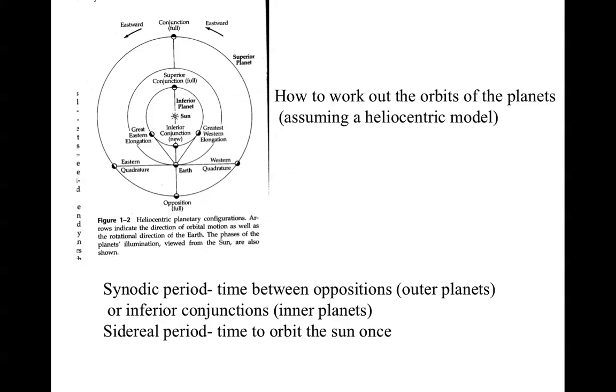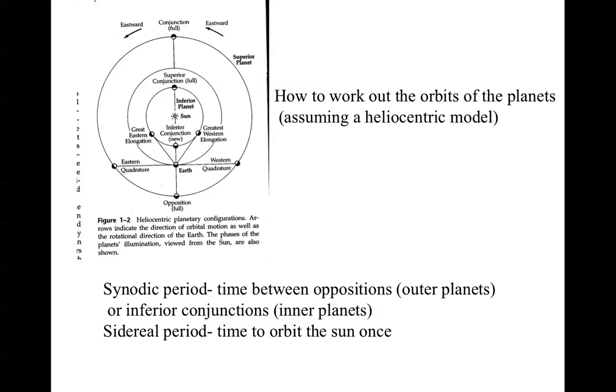The important things to remember, in terms of terminology, are the terms synodic period, which in the case of planets means the time between oppositions, that is, the time between when the planet and the Earth and the Sun are all along the same line, with the planet outside of the Sun.